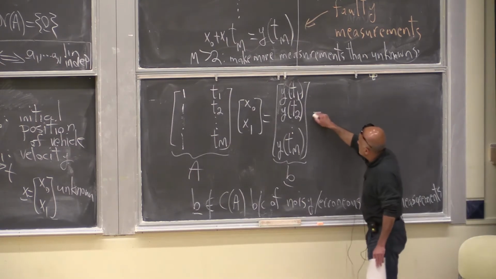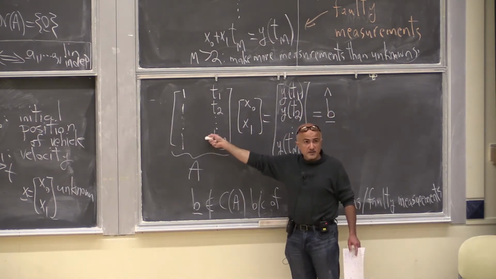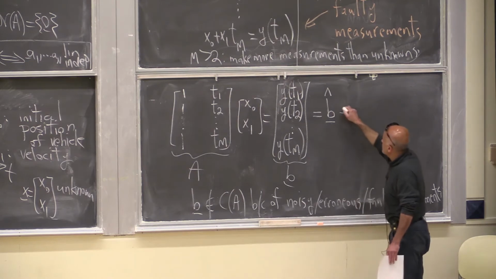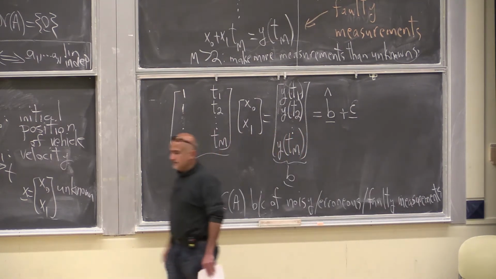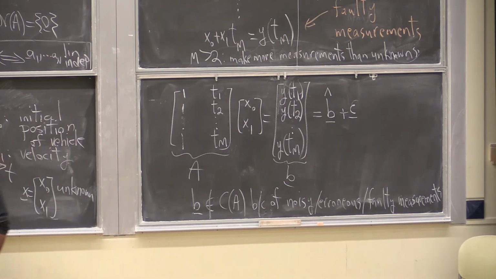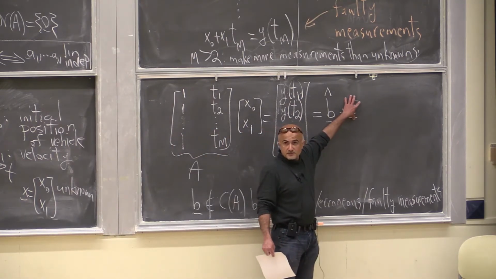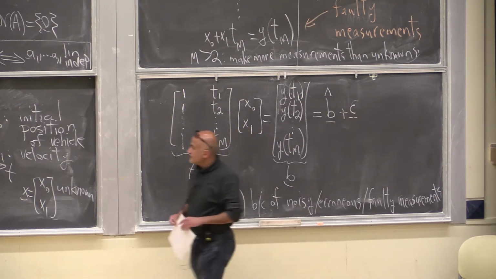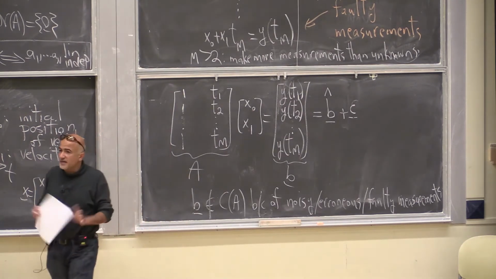So this is actually equal to some magical b hat, which does lie in the column space of A, plus an error vector. And we're after that b hat that makes the error smallest in the sense of least squares. Is everybody with me so far in setting up the problem?